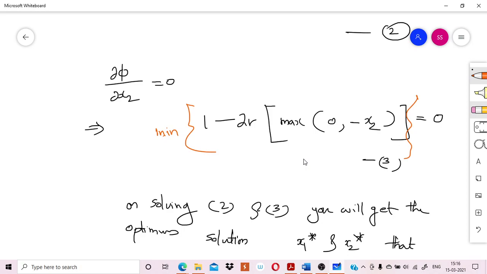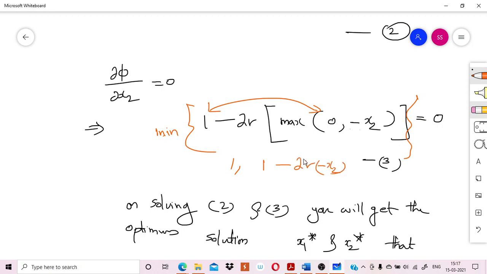So minimum of this means you will get this, you can club 1 and 1 and this maximum 0 comma minus x2. If you consider 0, then you will get 1, and if you consider it as minus x2, then you will get 1 minus 1 minus 2r into minus x2.